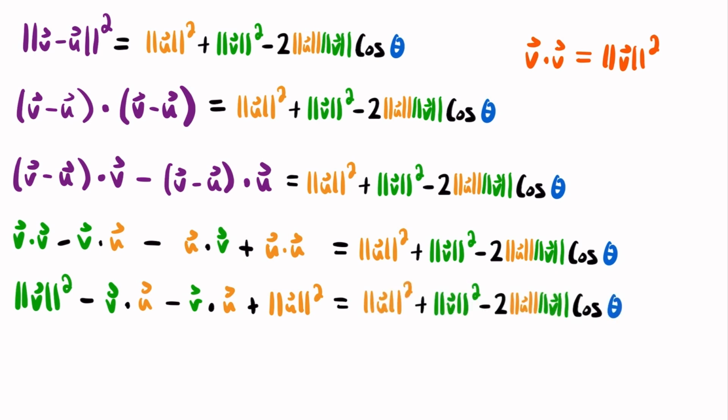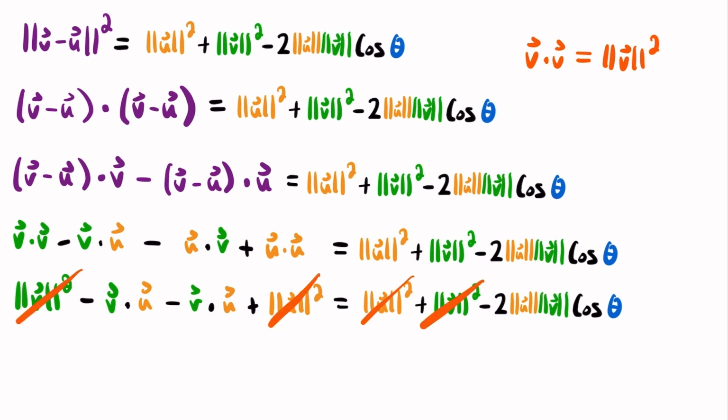But now what's important to realize is that on both sides of the equation, we have the magnitude of vector u squared here, and the magnitude of vector v squared here and here. So if we subtract the magnitude of vector u squared and the magnitude of vector v squared from both sides of the equation, they're going to cancel out. We can simply cross out those terms from both sides of the equation.